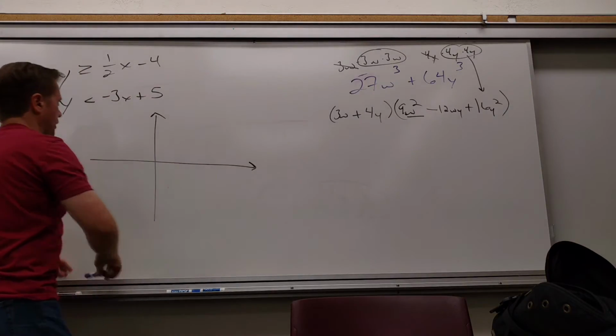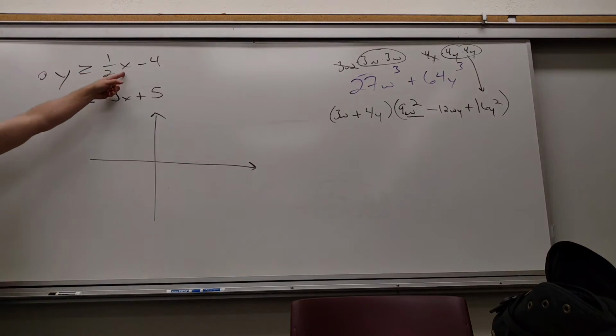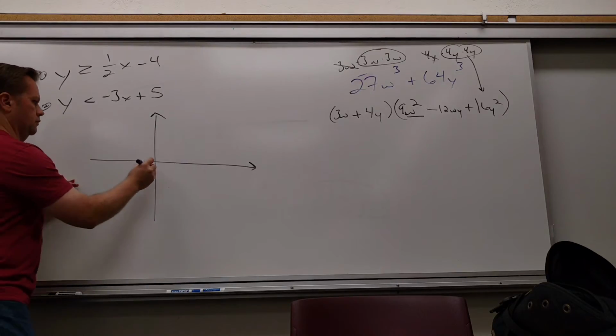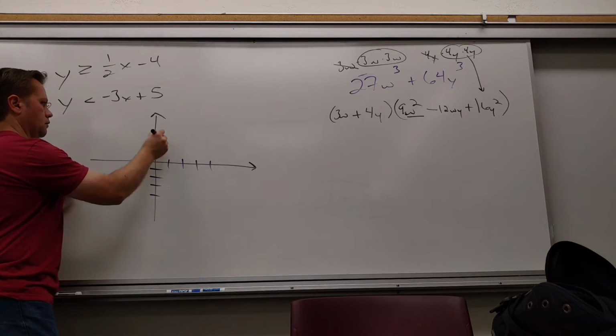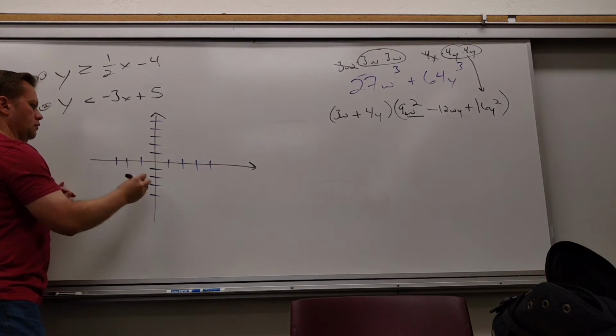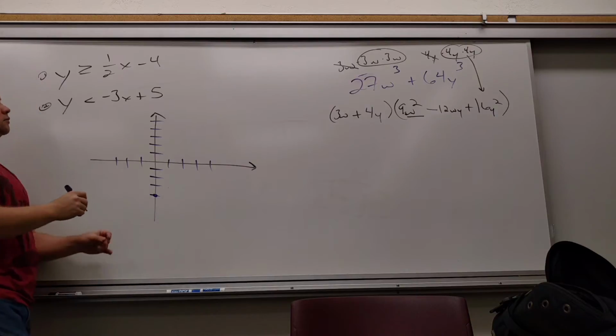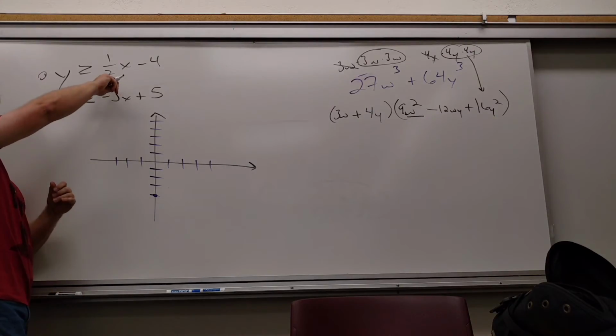So what do you know about line number 1? The y-intercept is negative 4.